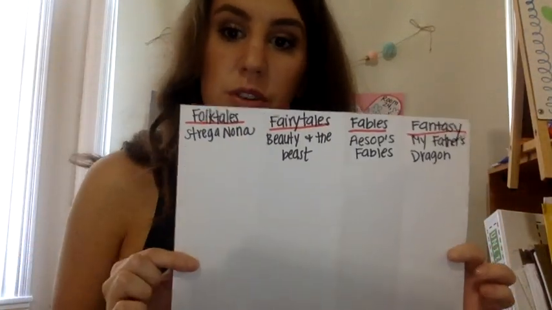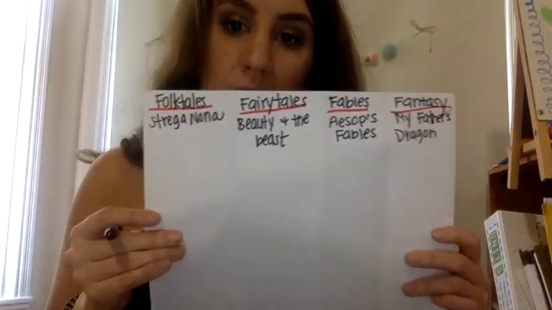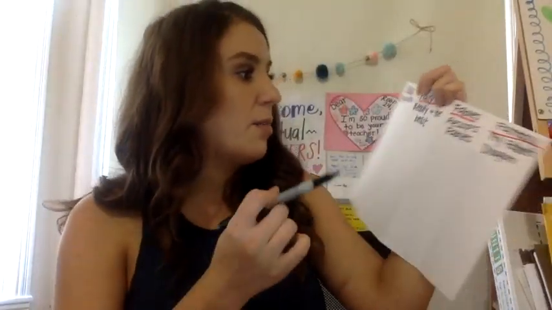Underneath the title, just like you would if you were writing on a Post-it note, you're just going to put 1 or 2 reasons how you know. So if I was talking about Aesop's Fables, I might put that they have animals that talk.